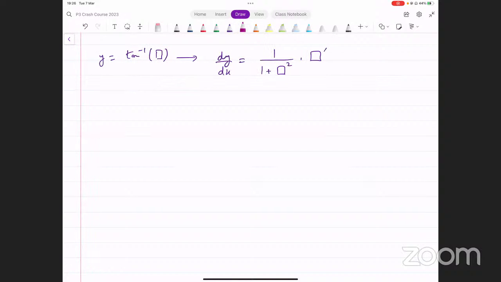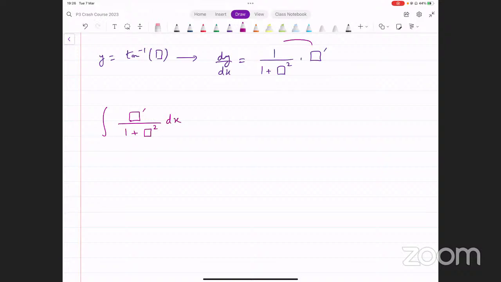If we were to reverse this and say, if we have something in this form, let's actually write this together, derivative of that thing divided by 1 plus the square of that thing.